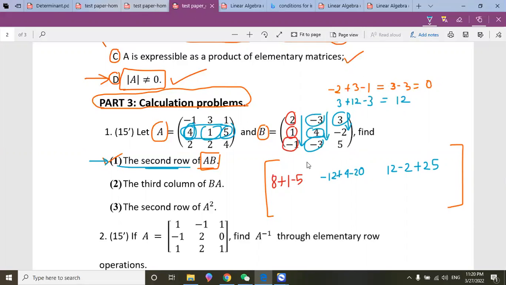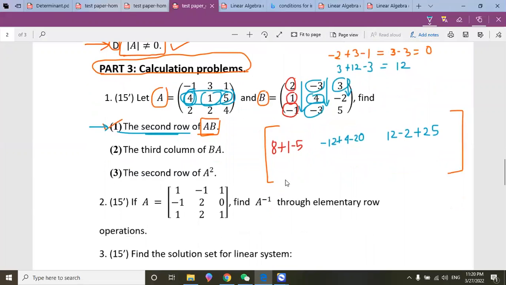Okay. So the answer will be 9 minus 5, 4. And then -32 plus 4 will be -28.